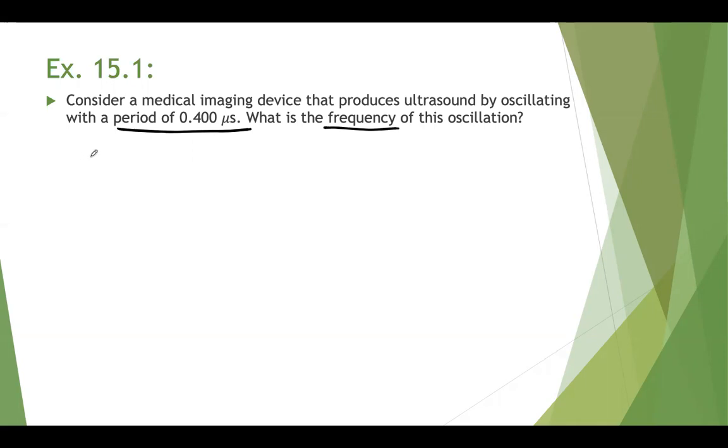Okay, so we have the period T is equal to 0.400 microseconds. Remember that micro, so in this case, microseconds, is equal to 10 to the negative 6 seconds. Okay, that's what micro means.